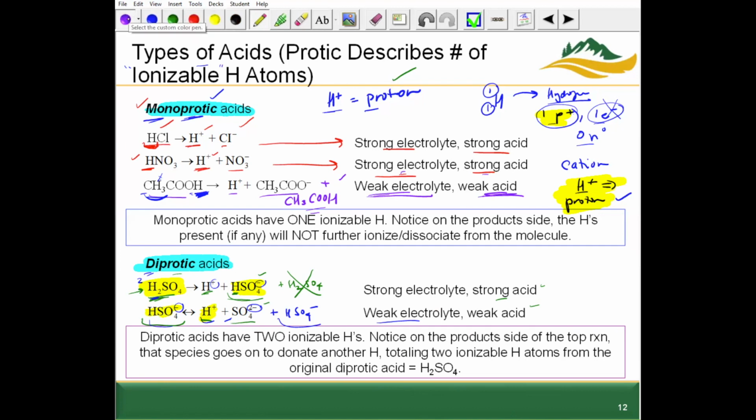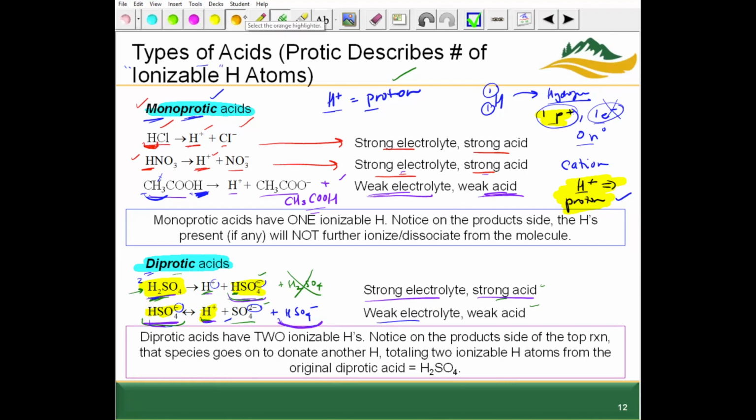Now, interestingly, when H2SO4 dissociates into H plus and HSO4 minus, it does so completely. So it fully dissociates into those ions, meaning this is a strong electrolyte and a strong acid. However, when we have just HSO4 minus, and it can also dissociate into another proton, this form of the acid is actually a weak form of the acid. It does not fully dissociate, so we will have some of this original form of the molecule present on the product side.